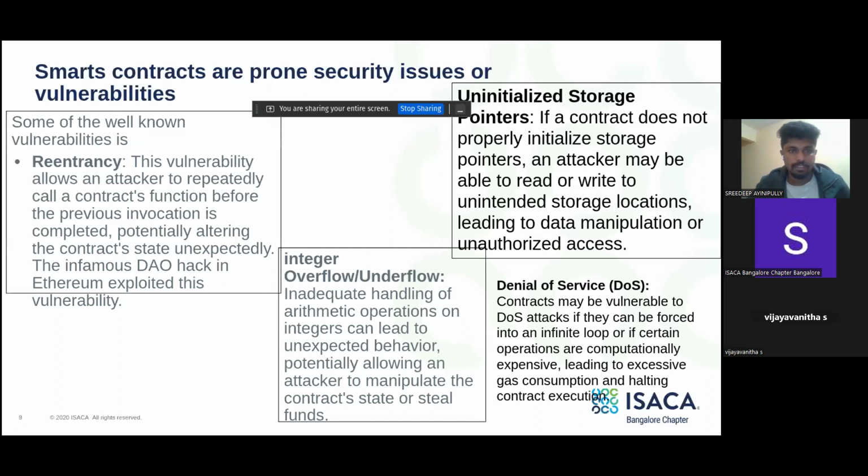See, smart contracts are prone to security issues or vulnerabilities. I have listed four well-known vulnerabilities here: re-entrancy, integer overflow, uninitialized storage pointer, and DDoS or DoS. These are the main well-known vulnerabilities.